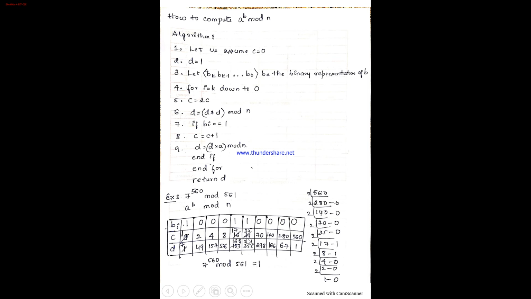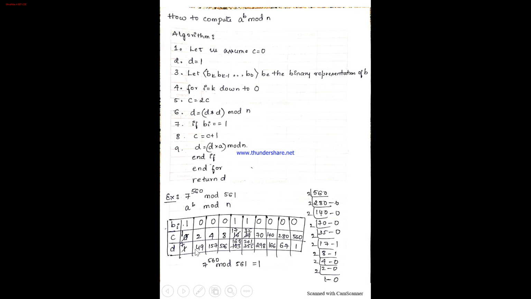Next, 17 into 2 is 34. Since the Bi value is 1, this becomes 35. 35 into 2 is 70, 70 into 2 is 140, 140 into 2 is 280, 280 into 2 is 560. Why didn't I add 1 here? The reason is Bi is 0. If it was 1, then I would add 1.